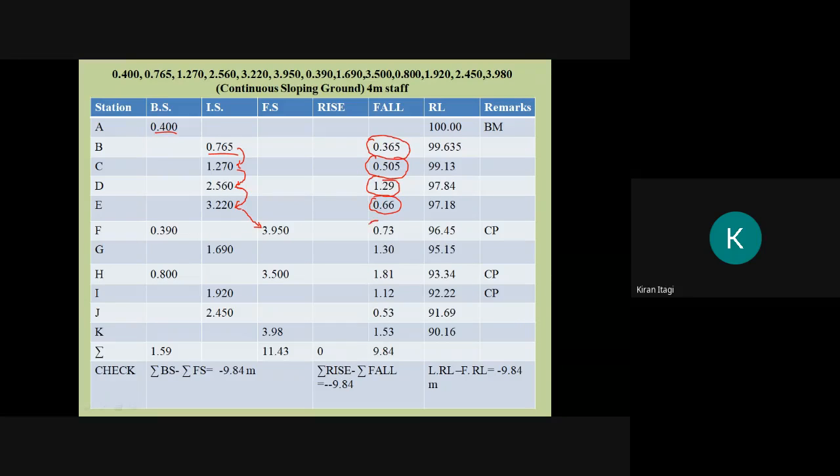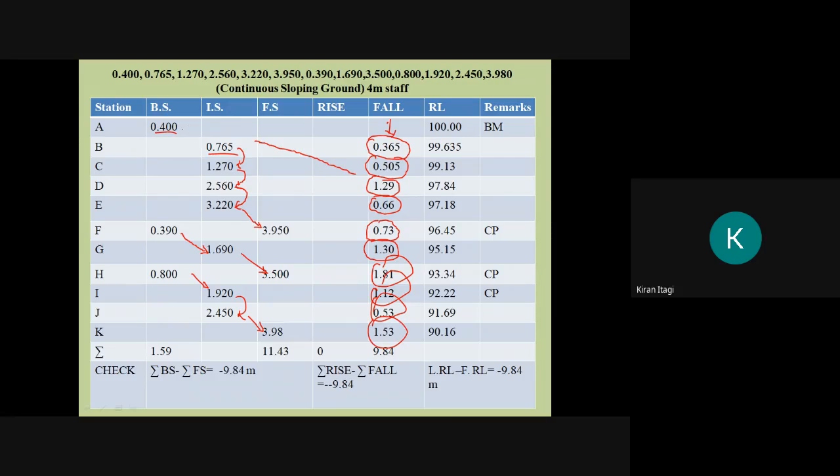We have got negative, so write it here. Similarly, 0.390 minus 1.690. We have got negative, so write it here. Again the same procedure. So here the ground is sloping. It indicates that the ground is like this. So we have got all the readings as negative only.